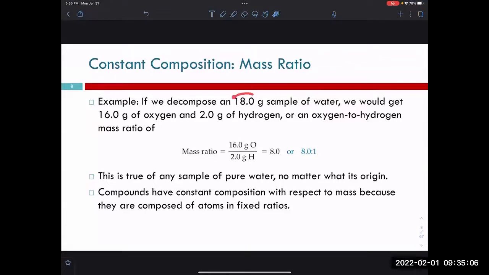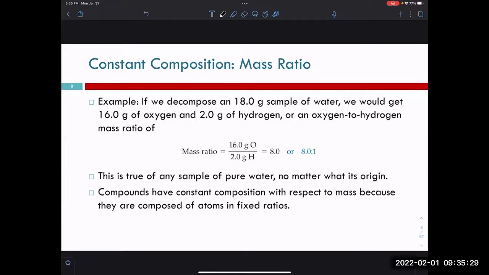If you did this with 18 grams of water, and you could somehow capture and weigh that oxygen, you get 16 grams of oxygen and 2 grams of hydrogen every single time. If you decompose 18 grams of water, you get those specific ratios. It's this 8-to-1 ratio.